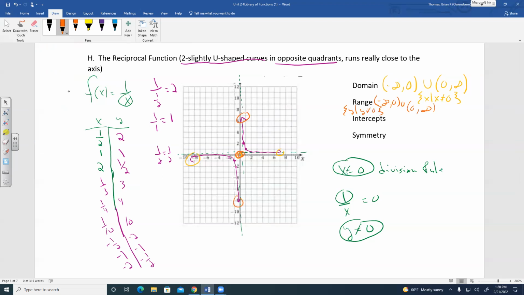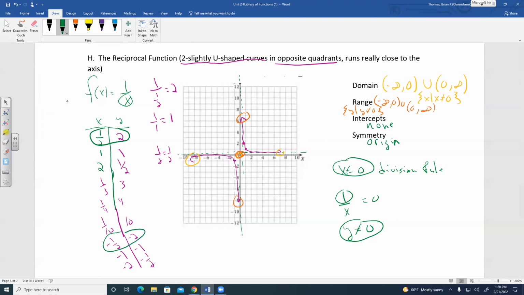Notice this does not cross the x-axis or y-axis, so as far as intercepts go, this has none. On symmetry, though, notice how it is reflected over the origin. This does have origin symmetry. So notice how we had this point (1/2, 2) and we had this other point (-1/2, -2).